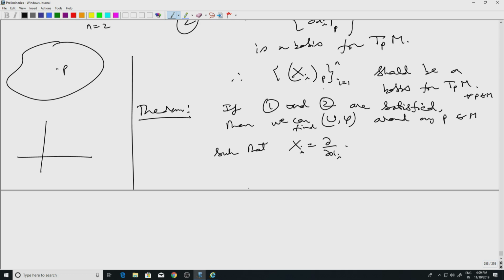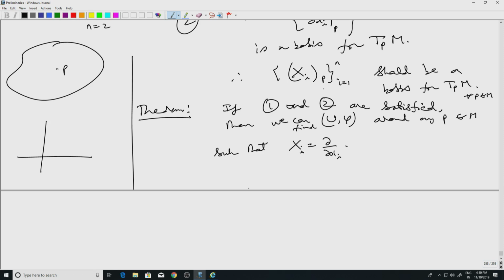Now we know that around P, for all integral curves of x1, we can find a neighborhood such that all integral curves around P are defined in this neighborhood for at least time epsilon.